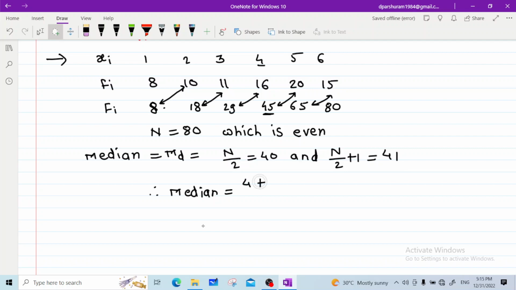And this number 41 is located at this 45 number, and the respective xi value is 4. So median is equal to 4 plus 4 divided by 2, which is equal to 8 by 2, which is equal to 4.